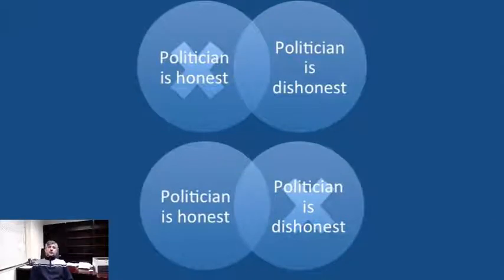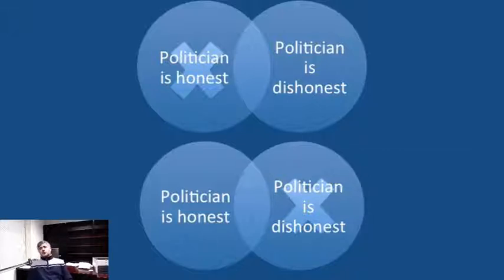But again, the Venn diagram for those claims helps us to see that they're not inconsistent with each other. To say that some politician is honest is just to say that there is some politician, never mind who, is honest. And again, to say that some politician is dishonest is just to say that there is some politician, never mind who, is dishonest.